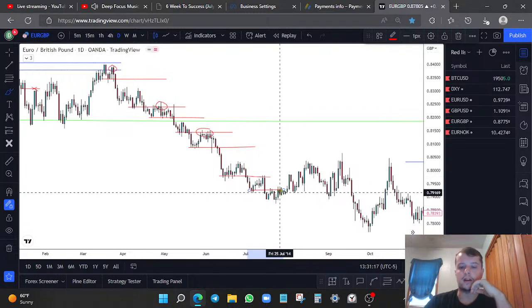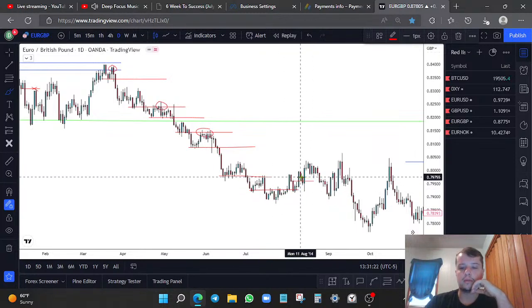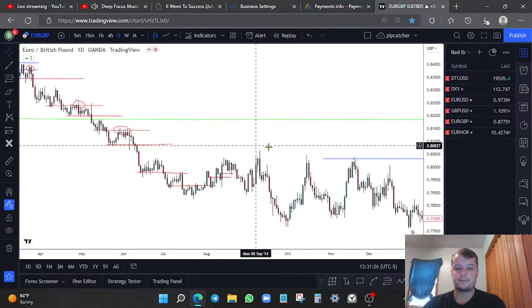And then you see price finally break structure to the upside, right? And then back to the downside.